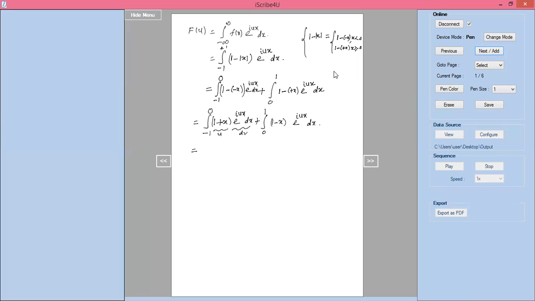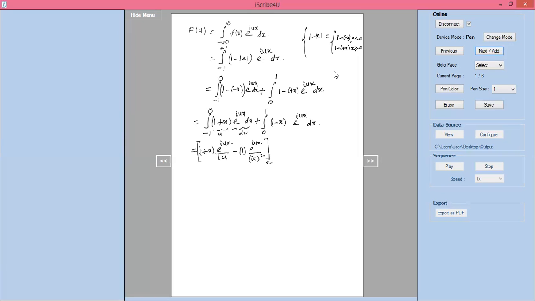Now u is 1 plus x into integration of e power iux, which is e power iux divided by iu, minus differentiation of 1 plus x, which is 1, into integration of e power iux, which is e power iux divided by iu whole square.